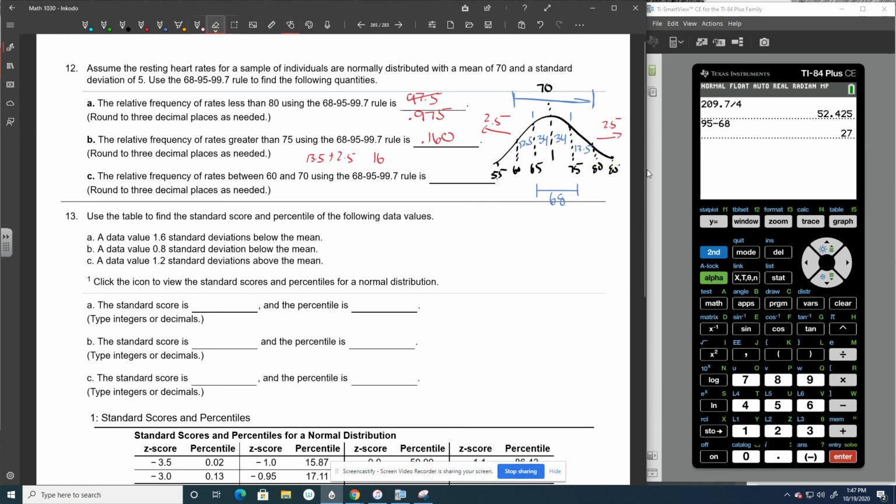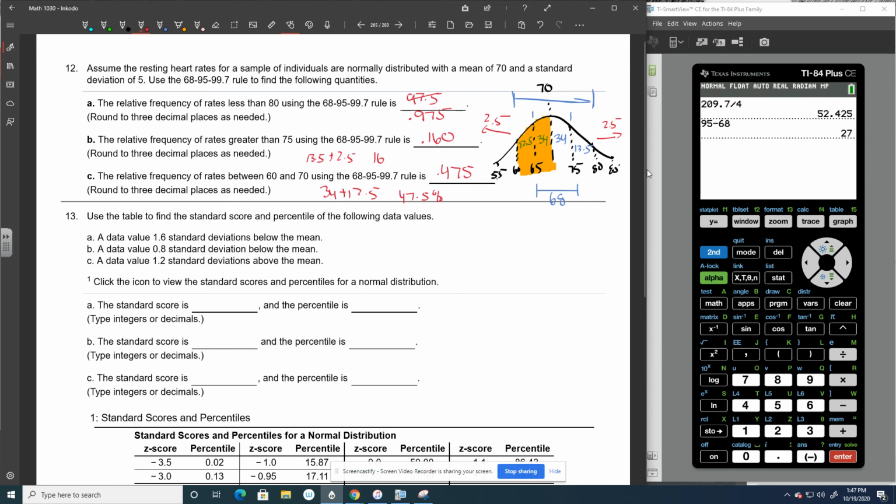Okay. Now the relative frequency of rates between 60 and 70. So now I'm interested in the group that is in between 60 and 70. So who fits in that group? Well, I know that this is 34% of the data, and this is 13.5% of the data. So when I add those together, I get 47.5%, which is 0.475.